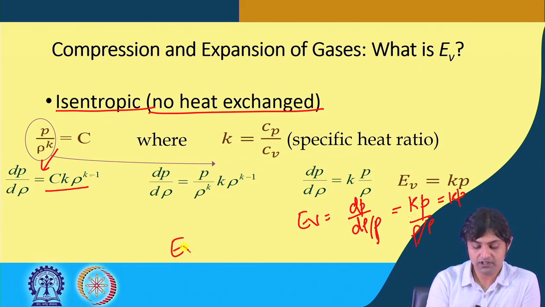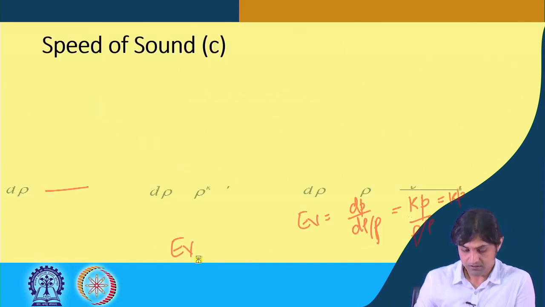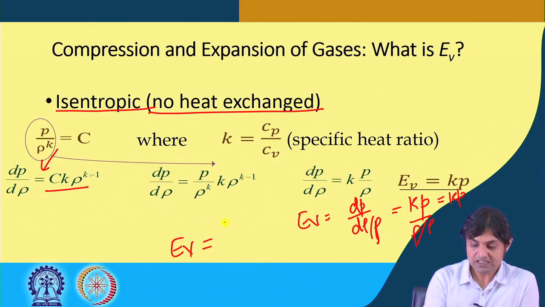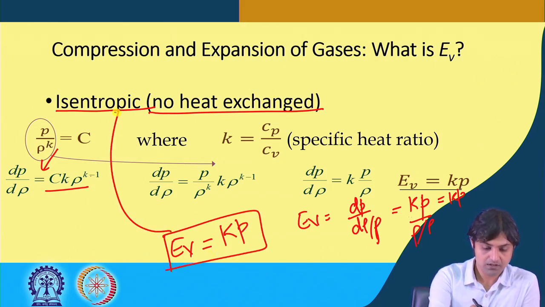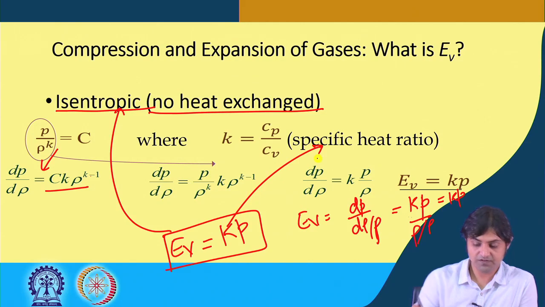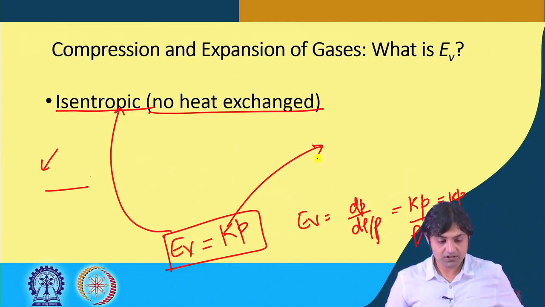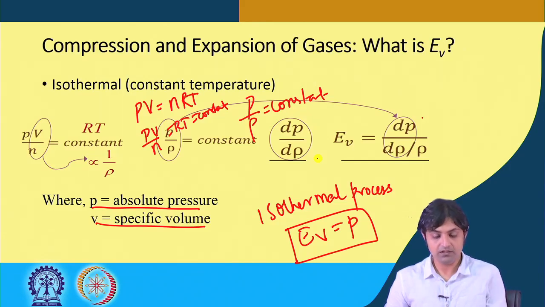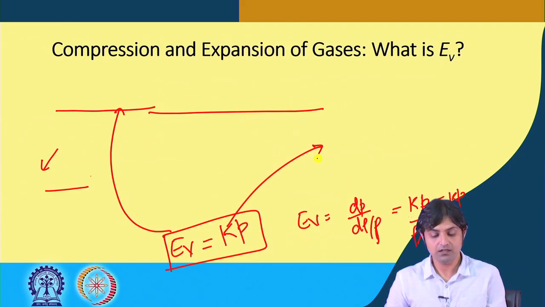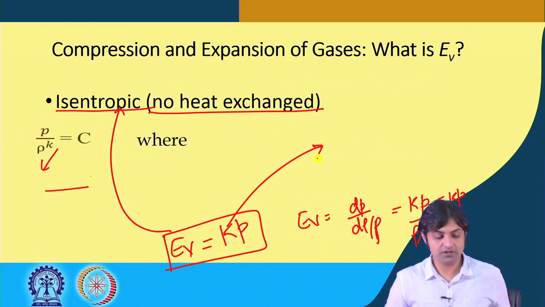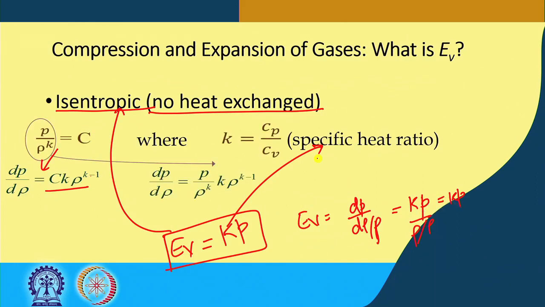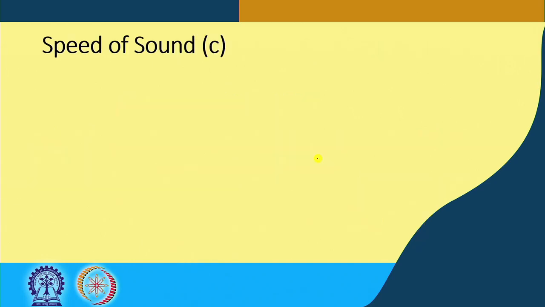More importantly, EV in case of isentropic process is given by kP, where k is the specific heat ratio. So for isothermal process, just going back, EV is P, and for isentropic process EV is kP. That is very important to note.